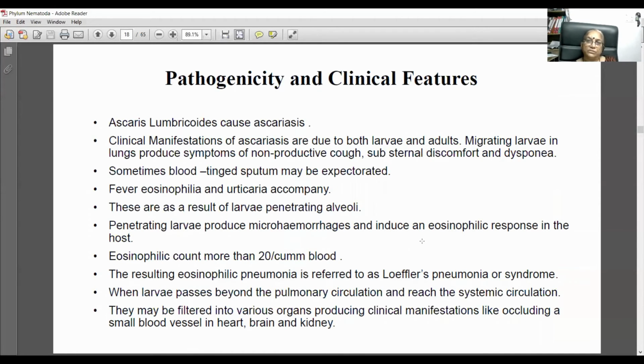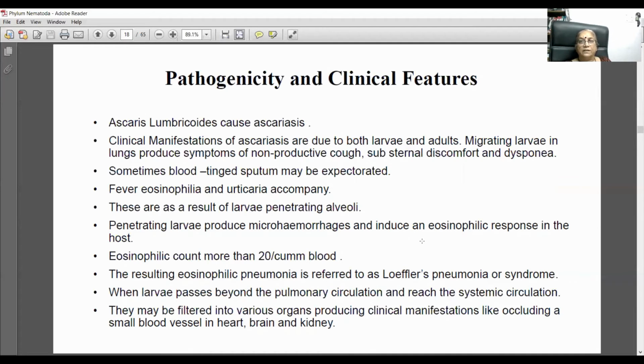Pathogenicity and clinical features of Ascaris. Ascaris lumbricoides is going to cause ascariasis. Clinical manifestations of ascariasis are due to both larvae and adults. So, larvae will produce different types of clinical features, and the adult worms will produce different types of clinical features.